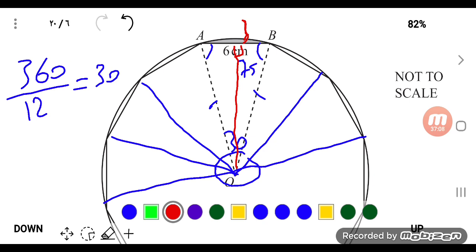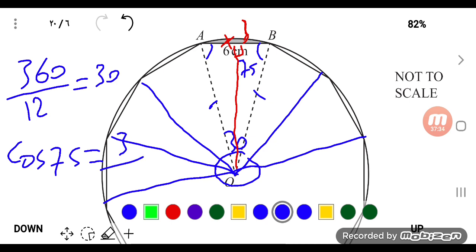Let's label here, for example, X. So if you do SOH CAH TOA, you can say cosine 75 equal adjacent, which is BX, which is 3, over hypotenuse, which we don't know, which is OB, or the radius. Let's write R.